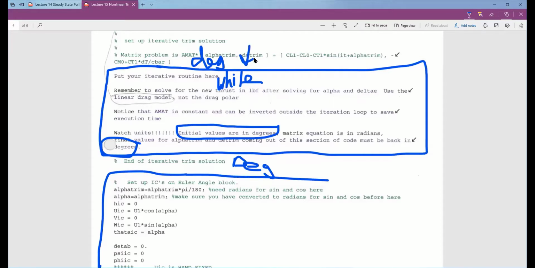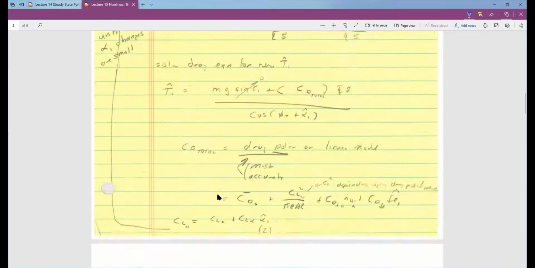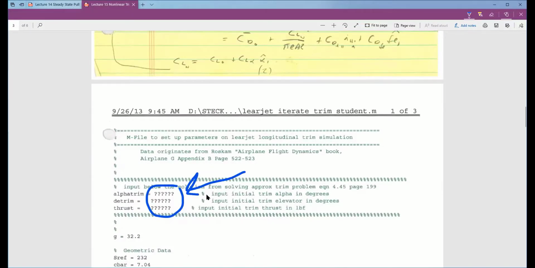So degrees in, degrees out, but inside here, you need to be in radians. So you'll take this code, add your trim loop, and then you'll plug in the trim solution that you got from homework number 4.